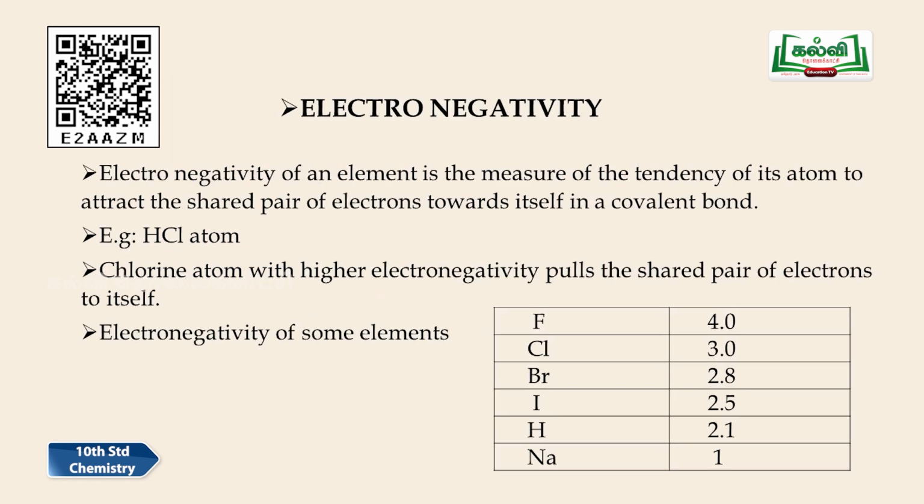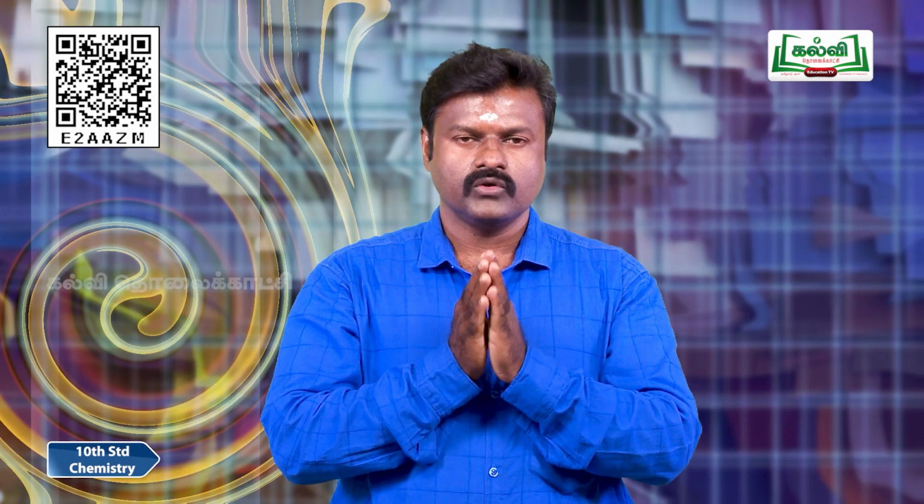The last and final periodic property is electronegativity. What is electronegativity? Imagine a molecule, hydrogen chloride. The atomic number of hydrogen is 1, that means it has 1 electron in its outermost orbit. Chlorine, its atomic number is 17, in the outermost it has 7 electrons. But in order to make the bond between these two atoms, what happens?